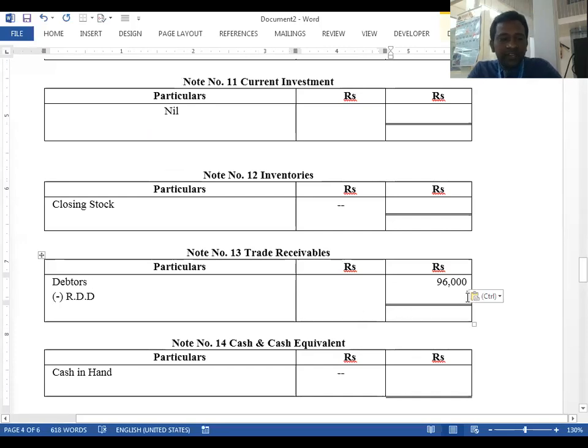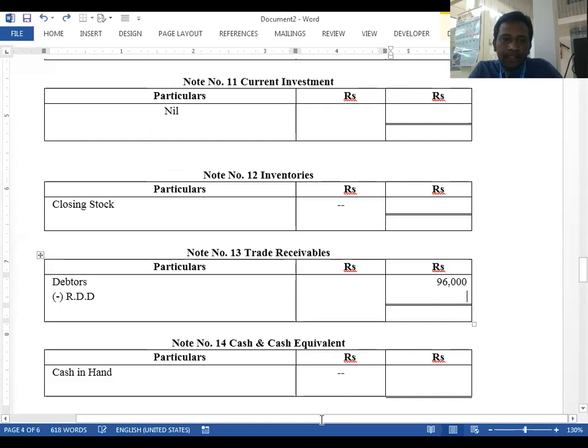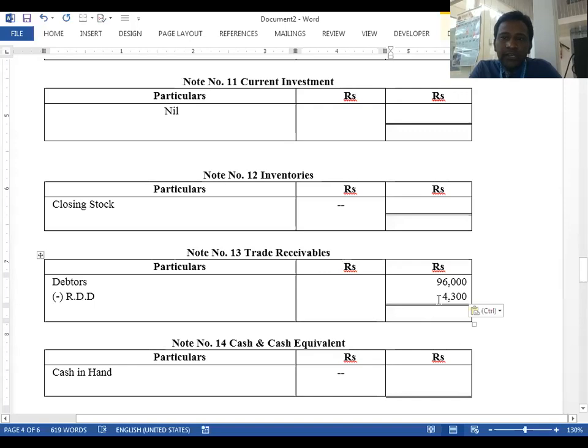The first effect is to deduct 4,300 from the debtor, and secondly it is transferred to the debit side of the profit and loss account under the heading other expenses. So 96,000 minus 4,300. Yes, send me the answer in the chat box.